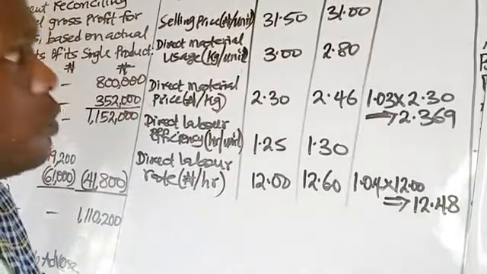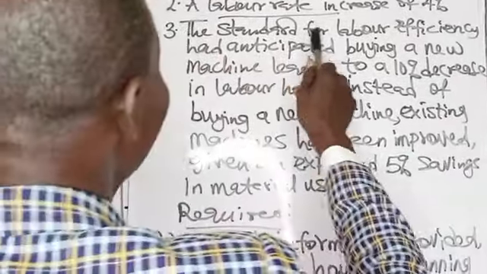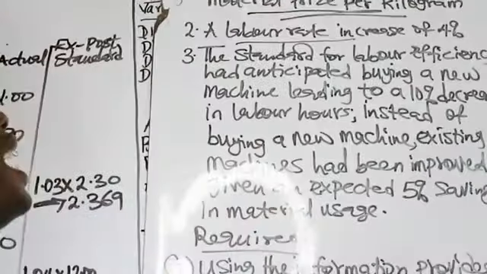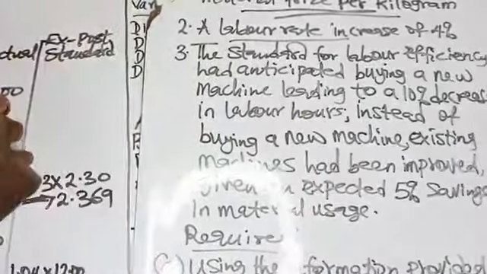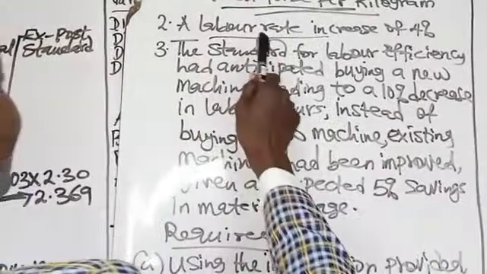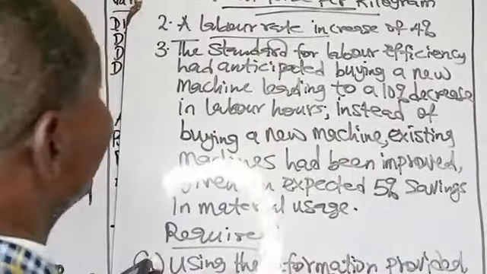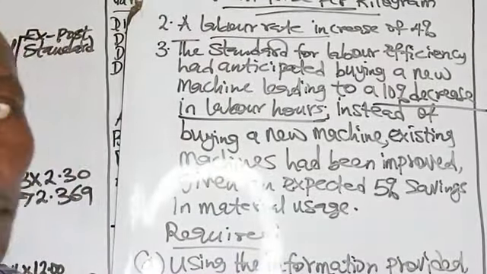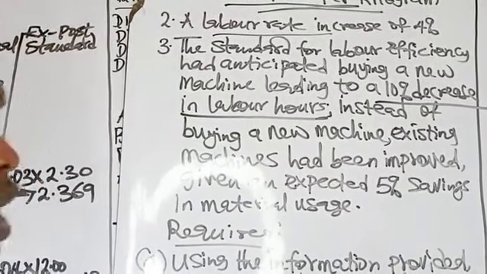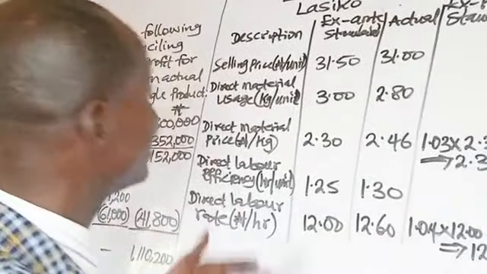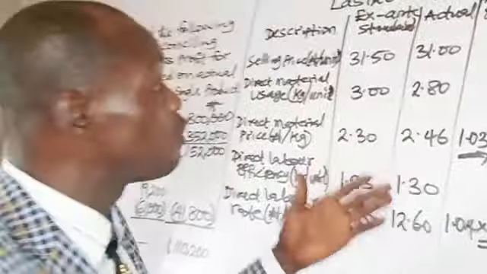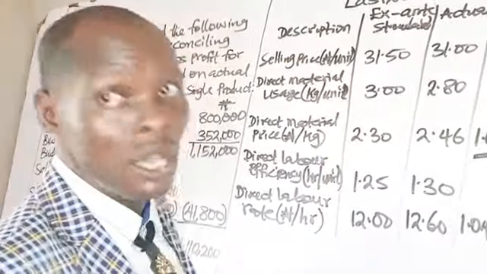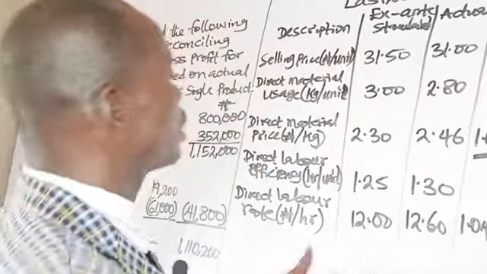Back to the question. Note 3. You were told that the standard for labor efficiency had anticipated buying a new machine leading to a 10% decrease in labor hours. This is an efficiency of labor. An efficiency of labor is the ability of labor to lead to greater productivity, or to increase the output, without actually increasing the quantity of labor itself.